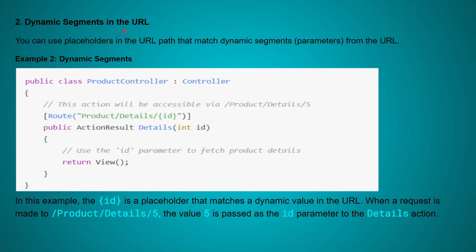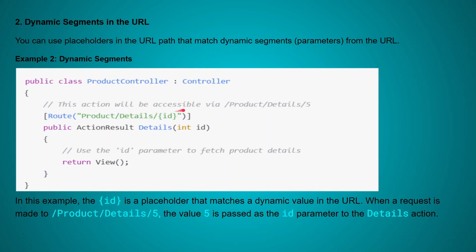Dynamic segments in the URL. You can use placeholders in the URL path that match dynamic segment parameters from the URL. Example, dynamic segments. Look here, we have an action result of Details. We have given a route, product/details/{id}, with curly brackets.